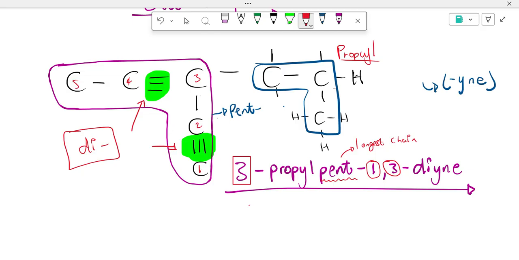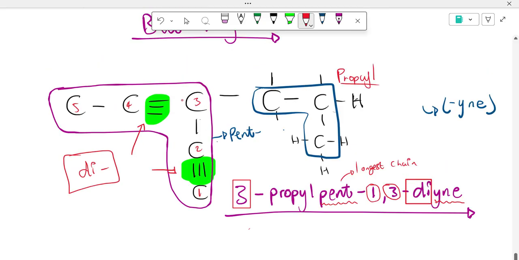Remember, I have two triple bonds. One is found on carbon number 1 and the other is on carbon number 3. Hence, this is 1,3. Di tells me that I have two alkyne functional groups, and the yne says that we have an alkyne.